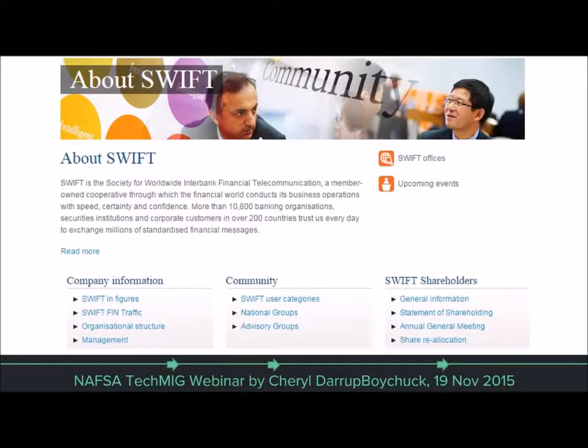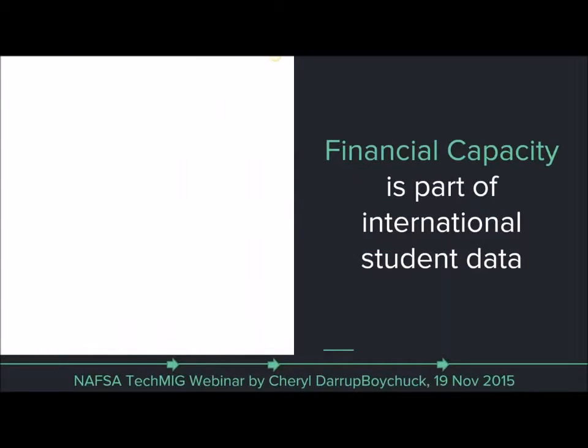So take financial services, for example. SWIFT is the Society for Worldwide Interbank Financial Telecommunications, and they've managed to align more than 10,800 financial institutions and corporations in over 200 countries to exchange millions of financial messages every day.